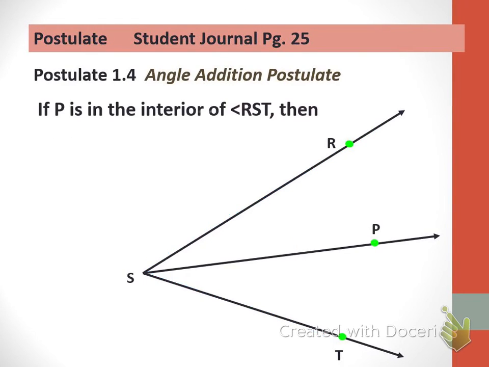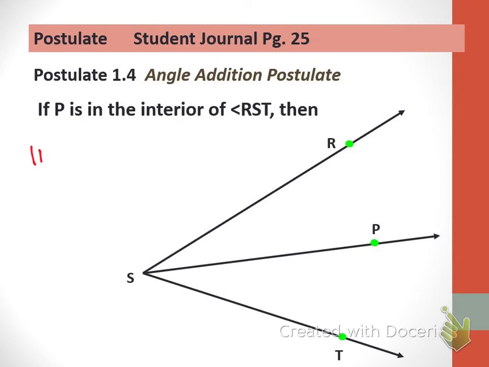So I'm going to have you write down the first blank at the bottom. If P is on the interior, it's going to go into a bunch of letters. You remember AB plus BC equals AC? It looks more complicated with angles. So here's what we're going to write.